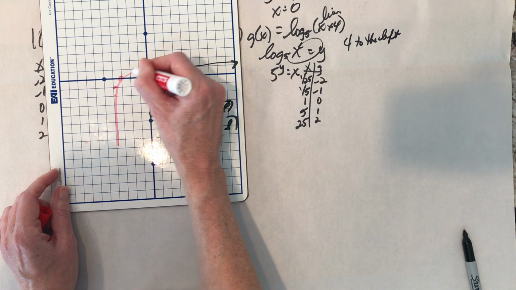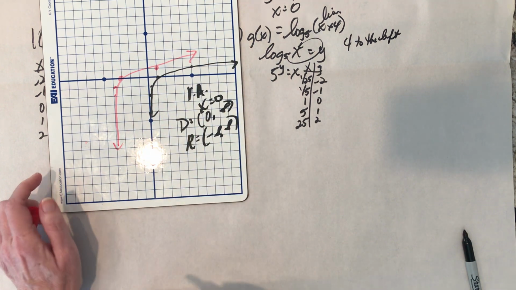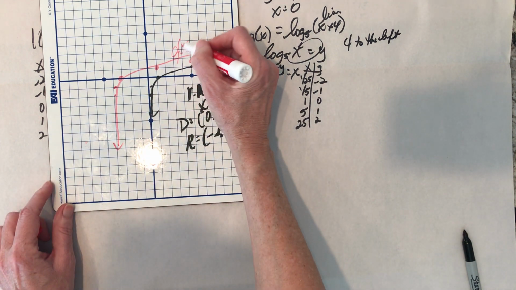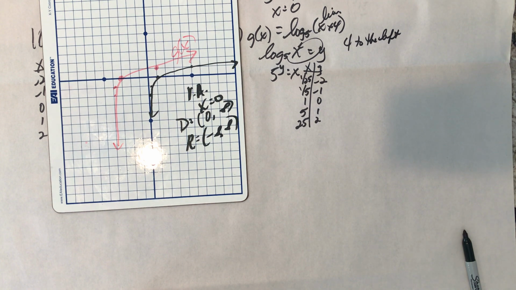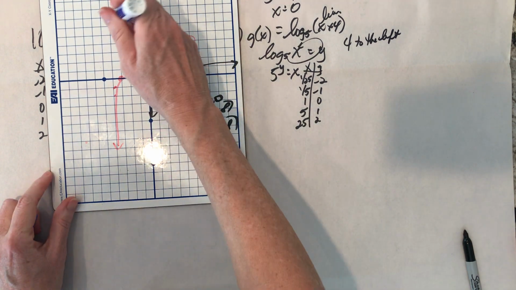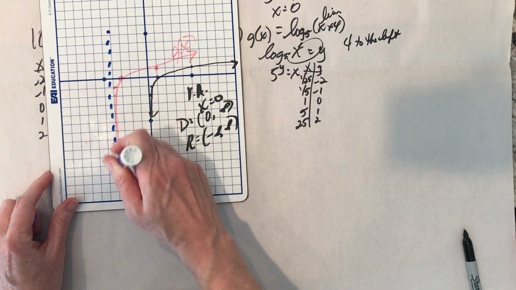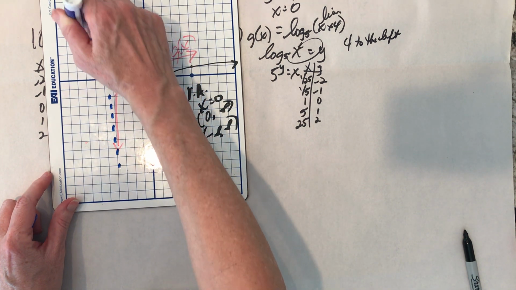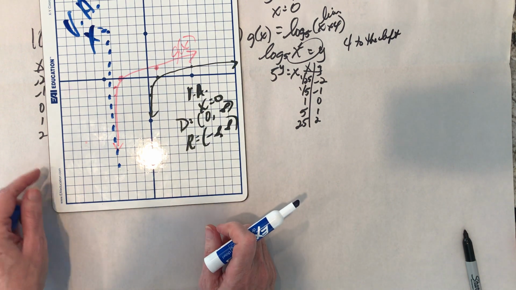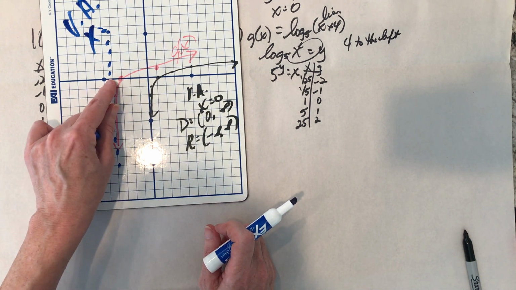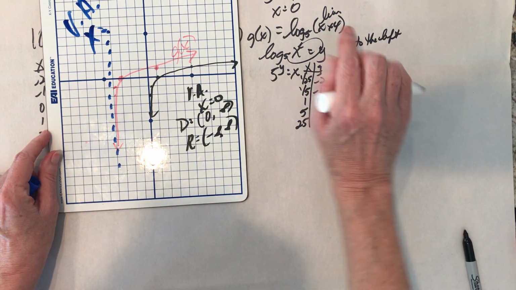So this is the graph they want you to draw. That's g of x. And then it's got a vertical asymptote. Let's see, the vertical asymptote is at x equals 1, 2, 3, 4 because we went 4 to the left.